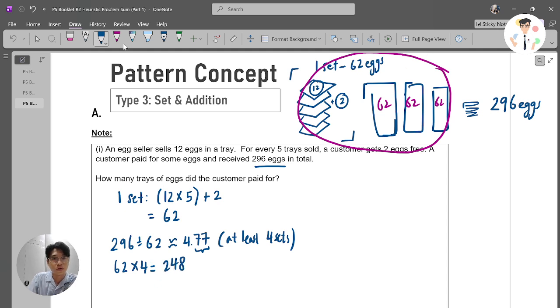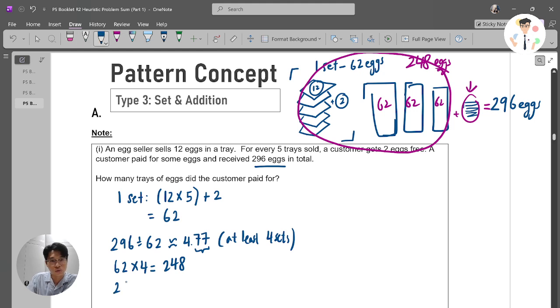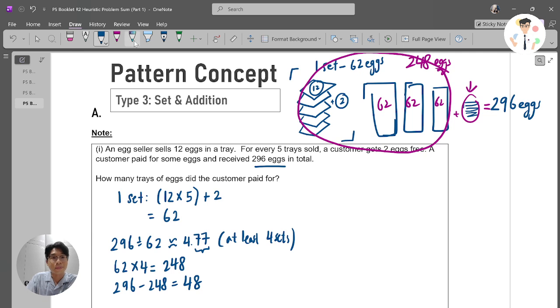I know that this plus a bit more makes 296, but I don't know how many more. To find this, I use 296 minus 248, and I find that it's 48. That means I have 48 extra eggs that cannot be put together into one set.